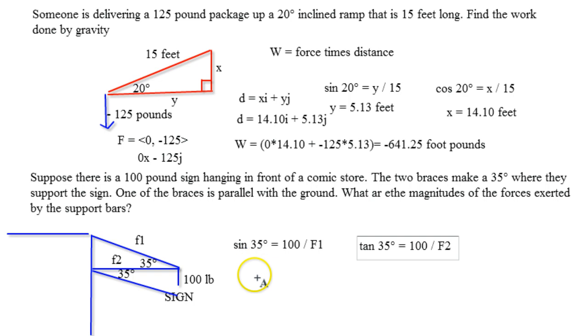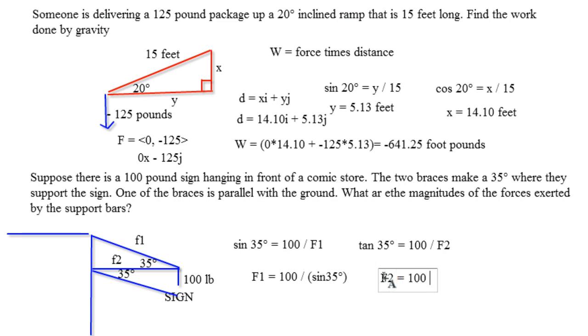Now obviously if we switch them up, force 1 is equal to 100 divided by, and if you're using a TI calculator, please put this in parentheses, otherwise they're notorious for not handling those exactly right.